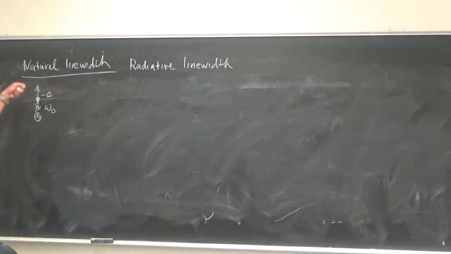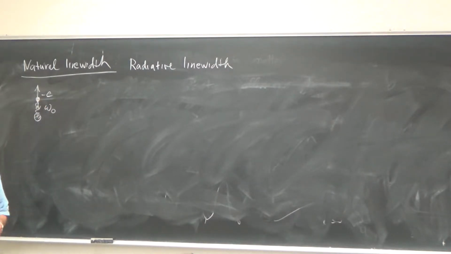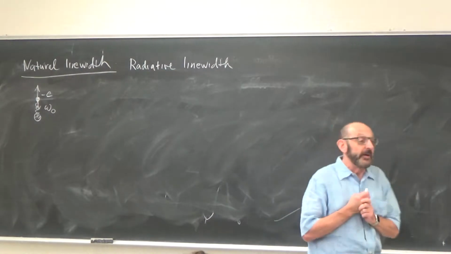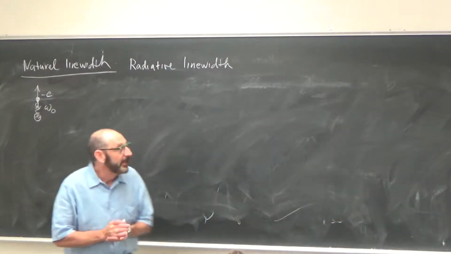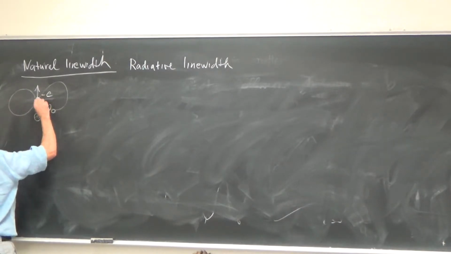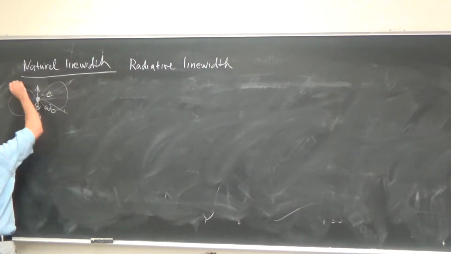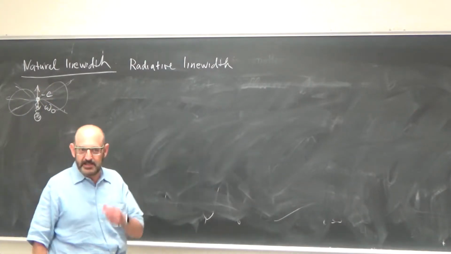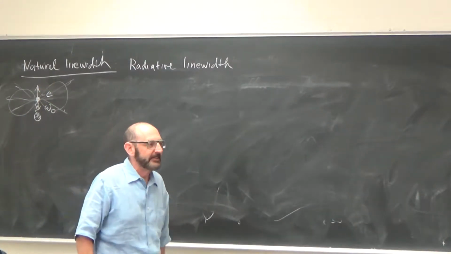This oscillating electron, of course, as we discussed at the very end of last lecture, will radiate. It will radiate electric dipole radiation, right? And we'll have a dipole radiation pattern. Some of the field goes here, depending, we have this pattern of radiation. We're all familiar with that.